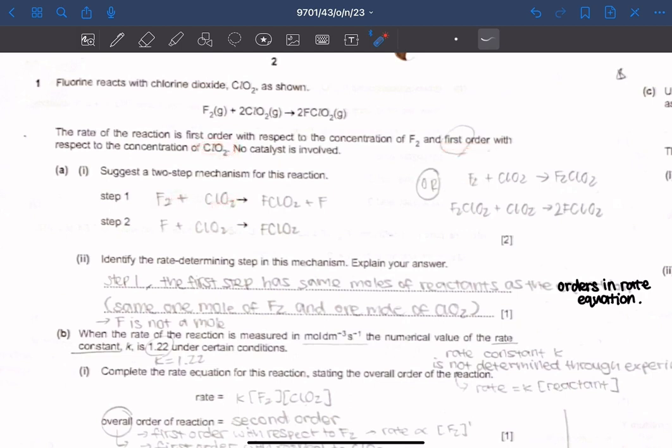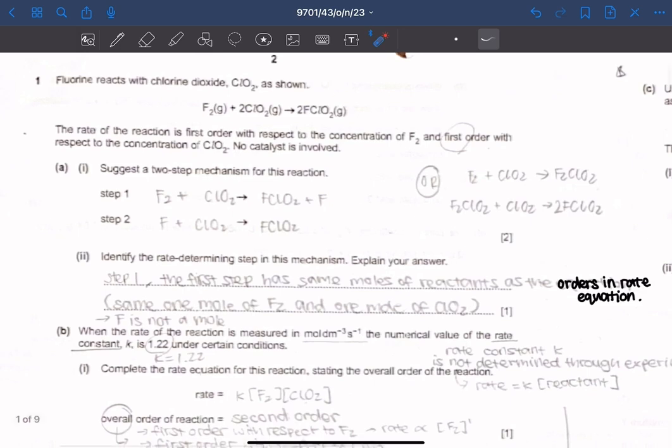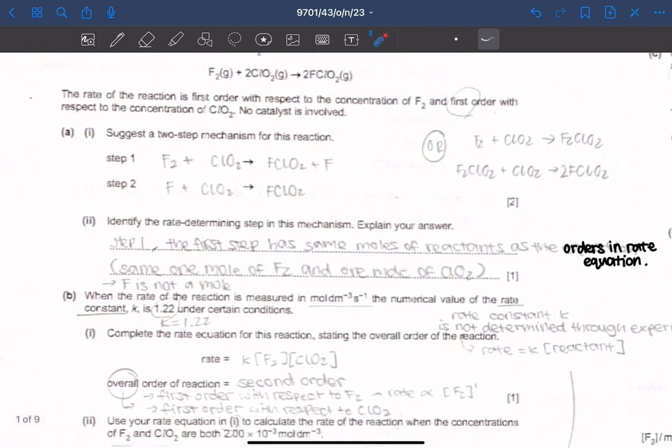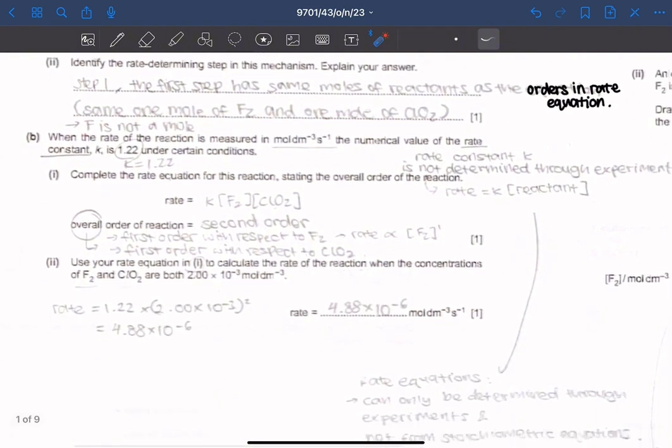So both of them are first order. Therefore, in step 1, they should have 1 mole of F2 and 1 mole of ClO2. Same as in here. You could also answer for the explanation, same 1 mole of F2 and 1 mole of ClO2. And remember that F is not a mole.